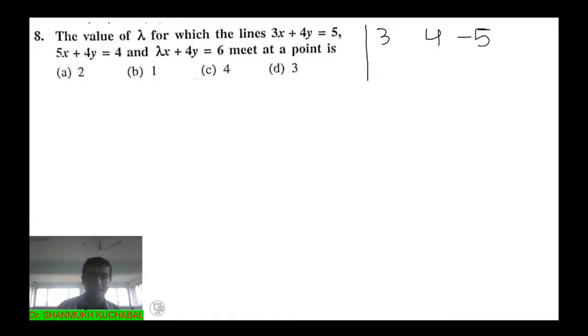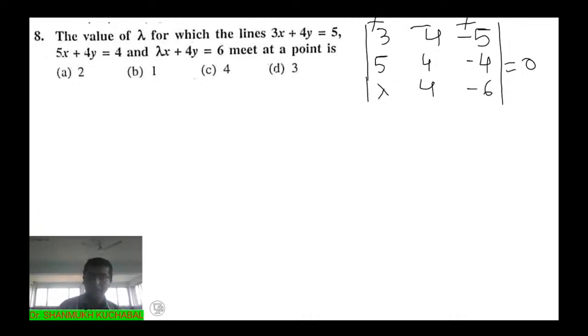Similarly, the next equation is 5, 4, minus 4. Next, lambda, 4, minus 6. This is equated to 0. Then we'll assign plus, minus, and plus signs.